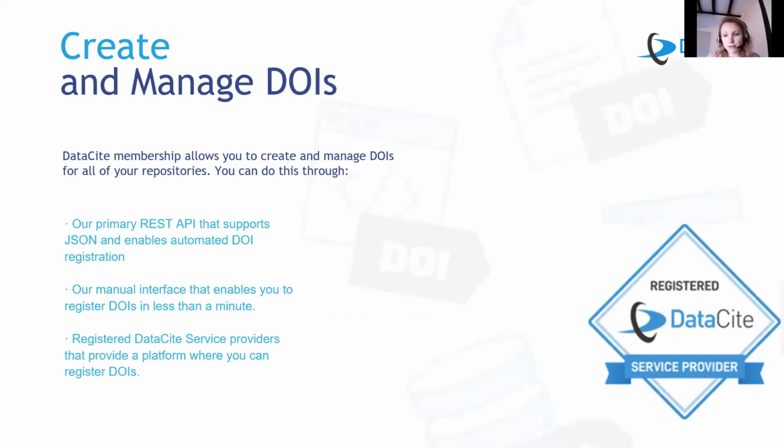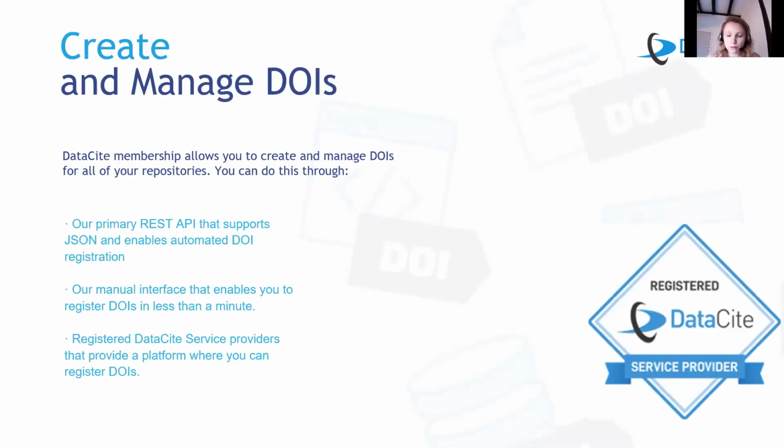And then we provide 3 different ways of actually registering DOIs. We have a number of APIs that you can use. Our primary API is a REST API, so it's possible to build an integration with that to automate DOI registration. Then we also have a manual interface that's especially used by smaller organizations so that they can just log in manually and click a button to create a DOI.